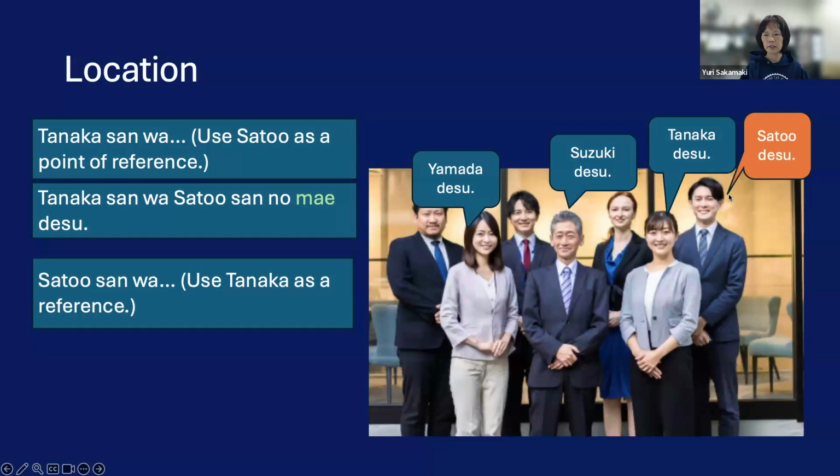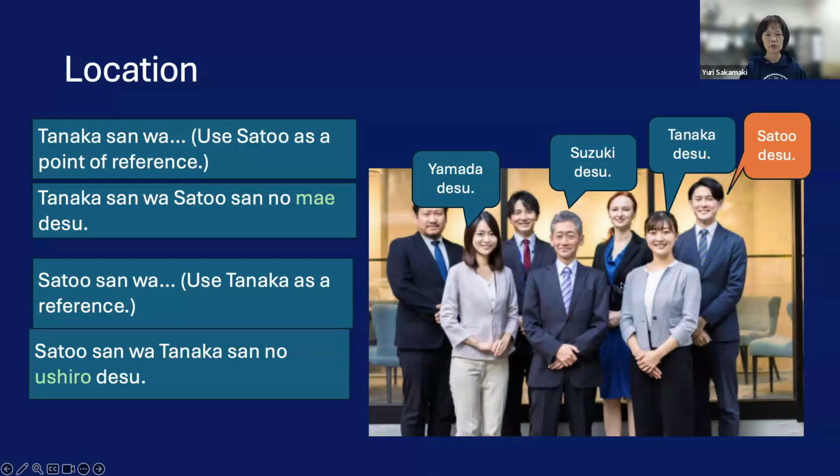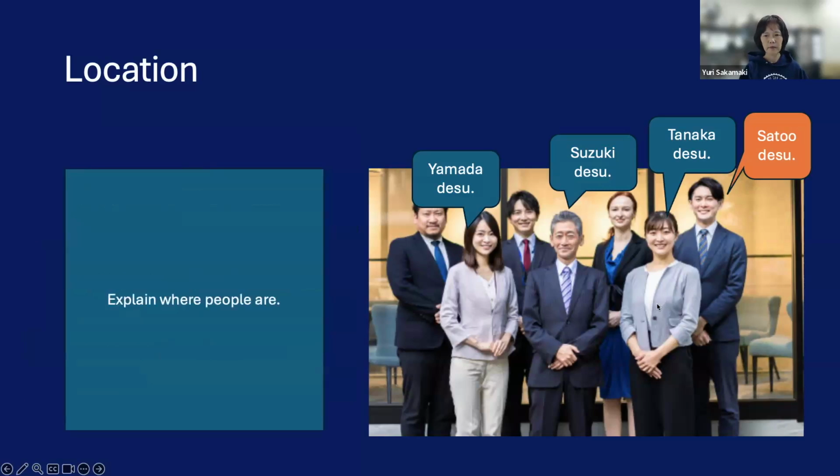Okay, let's talk about Sato-san, and let's use Tanaka-san as a reference. Sato-san wa, that's the topic. Tanaka-san no, so he's her behind. So Sato-san wa Tanaka-san no ushiro desu. And you can try explaining where people are.